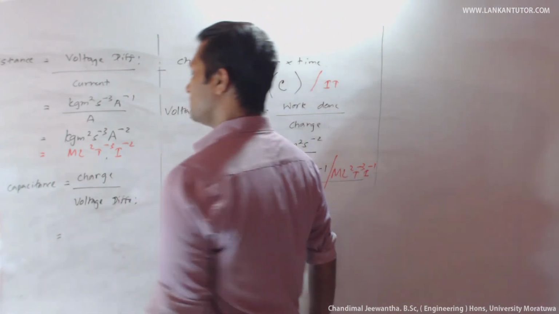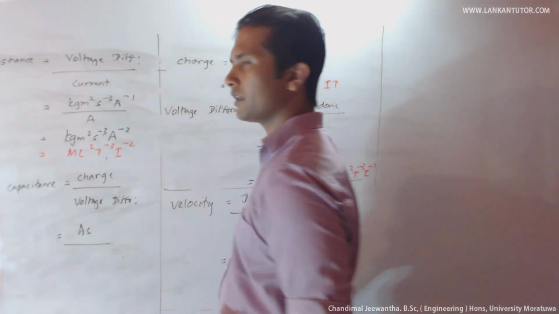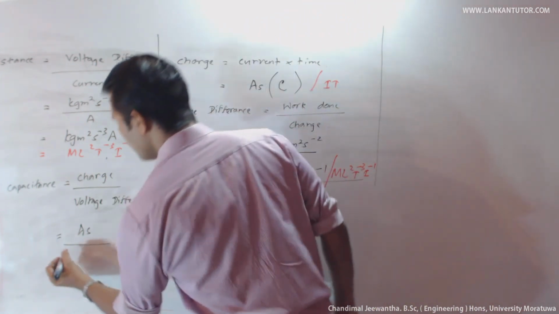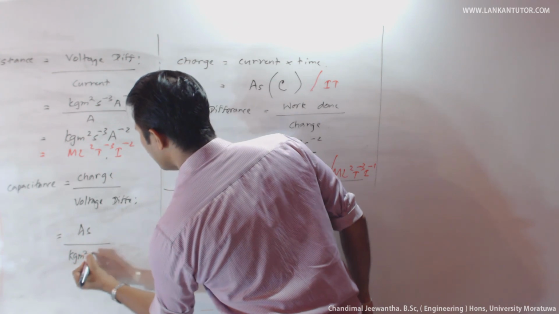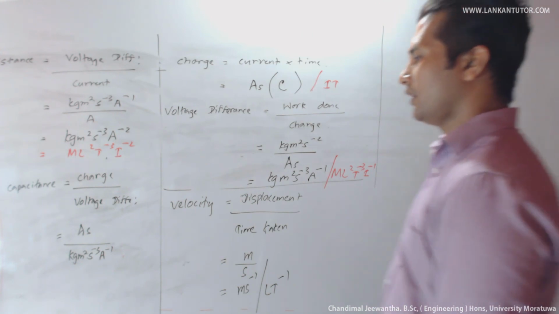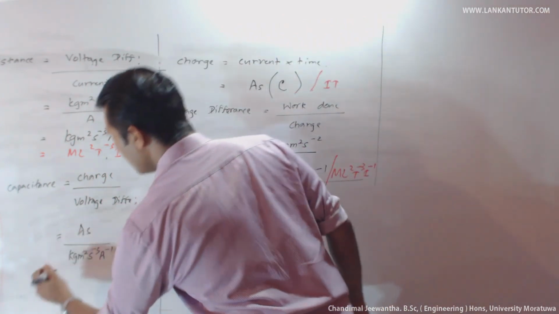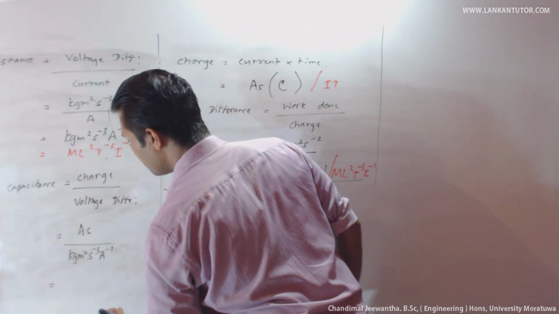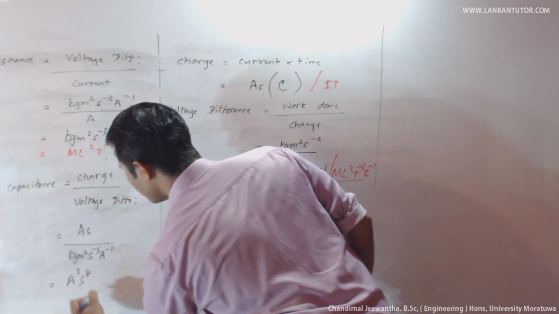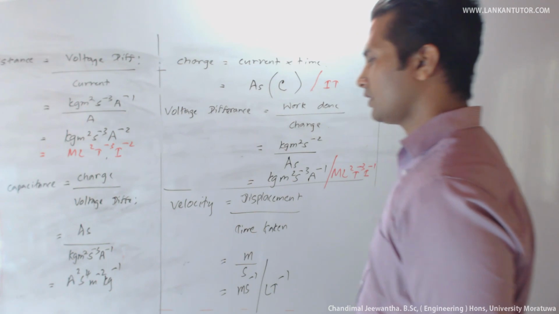When considering charge, the unit should be AS as we got. When considering the unit of the voltage, it should be kg m^2 s^-3 A^-1. When these physical quantities go up, minus 1 goes up, it becomes plus 1, then altogether A^2, then s^4, m^-2, then kg^-1.